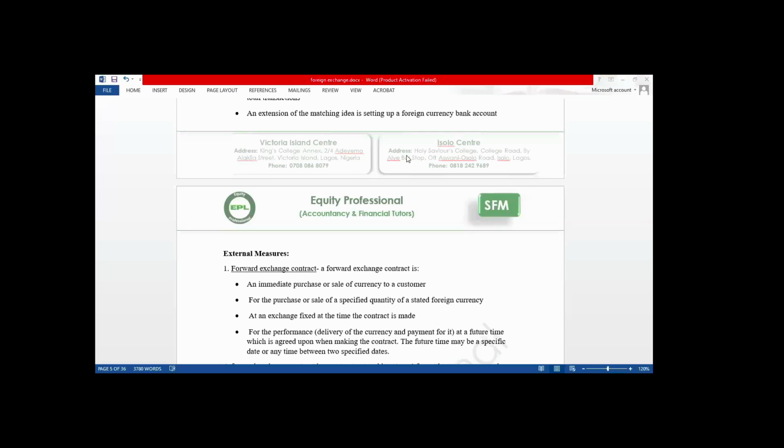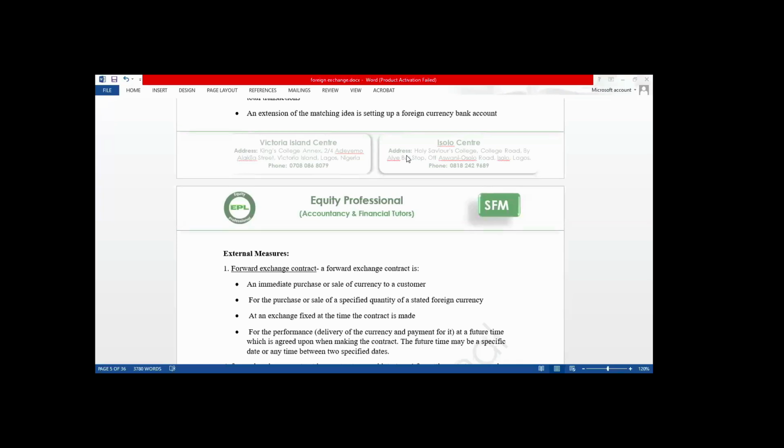A forward exchange contract is an agreement between two parties to buy or sell a specified amount of foreign currency at a fixed exchange rate.